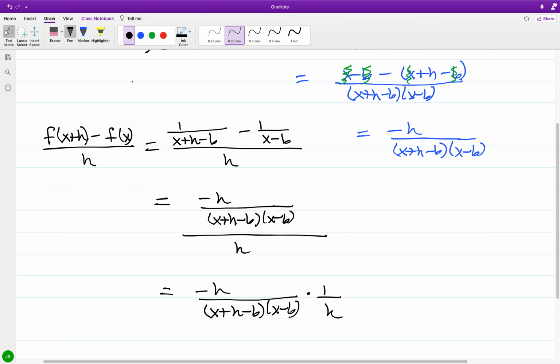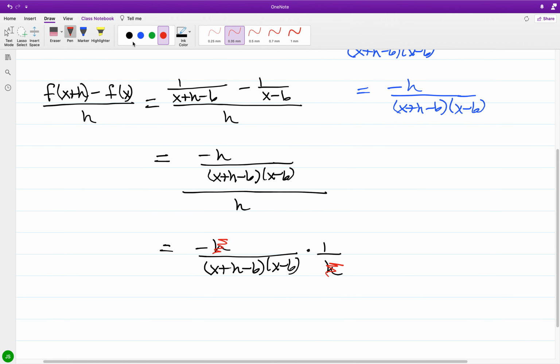Okay, and you could have gone ahead and canceled out the h. I just wanted to mention in case you have with this result, you still have the negative sign left over. So this will come down to minus 1 all over x plus h minus 6 times the quantity of x minus 6.